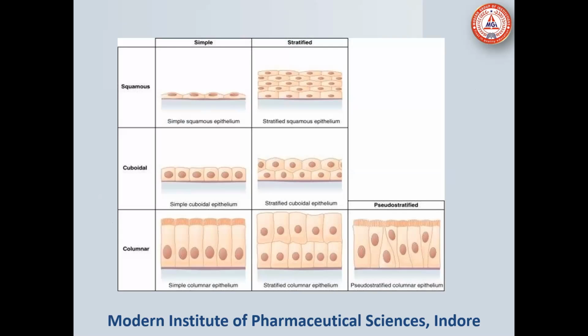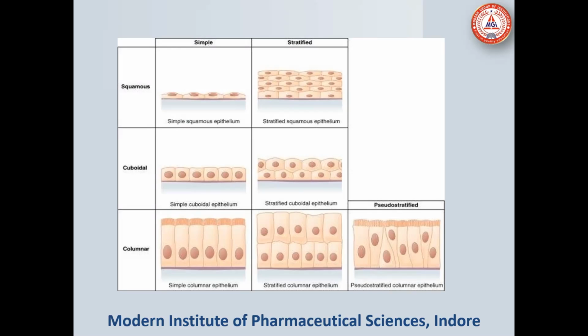And the columnar epithelial cell is divided into simple columnar epithelial cells, stratified columnar epithelial cells or tissue, and pseudostratified columnar epithelium.